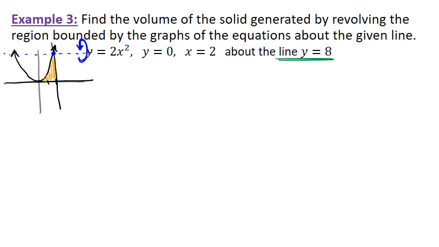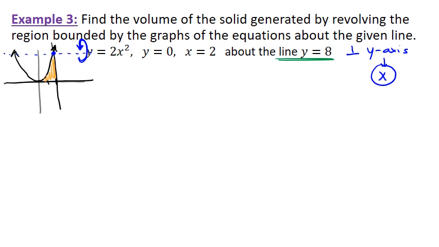Now, if I'm revolving about this axis, the axis of revolution is perpendicular to the y-axis. Since this is perpendicular to the y-axis, I am going to be in terms of x.